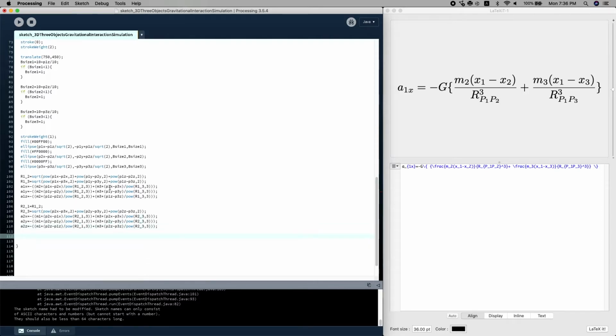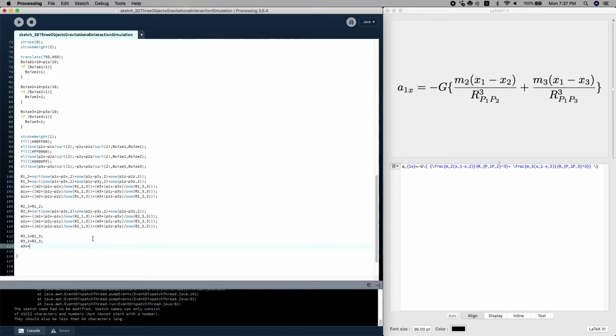Alright, and now what's left is doing the same thing for A3, and so we're going to need the radius from 3 to 1 and the radius from 3 to 2. And these are now easy because we can say that's equal to the radius of 1 to 3, and that's equal to the radius of 2 to 3, which we have already defined.